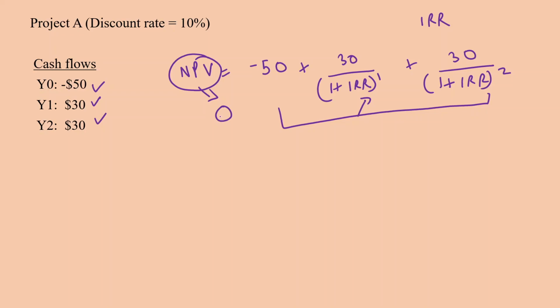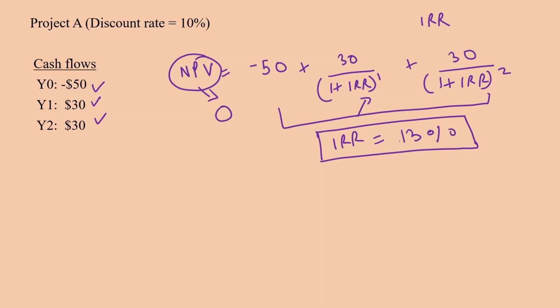In fact, I will show you how to calculate it using Excel in a couple of minutes. For now, if you use Excel, the IRR comes out to be equal to 13%. Let's box that up. That means if the discount rate of this project is equal to 13%, then the net present value of this project will be equal to zero.